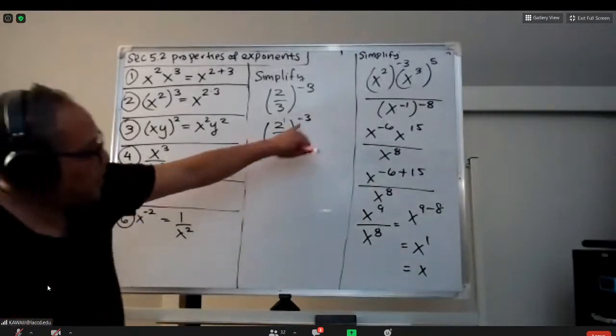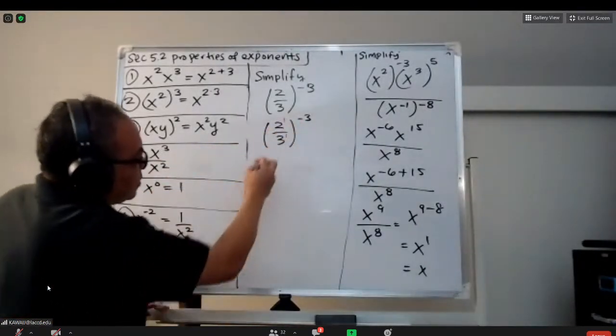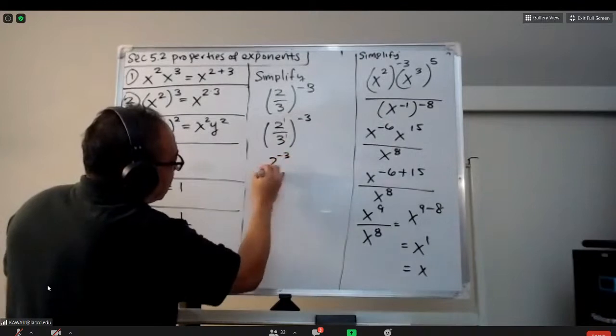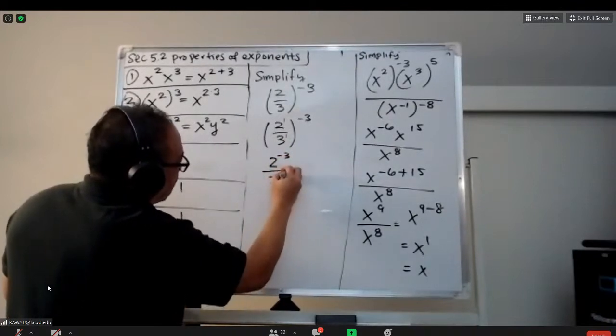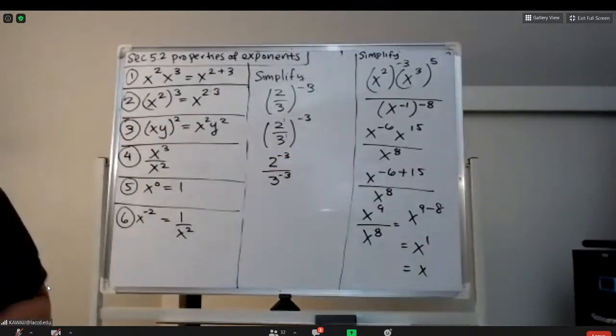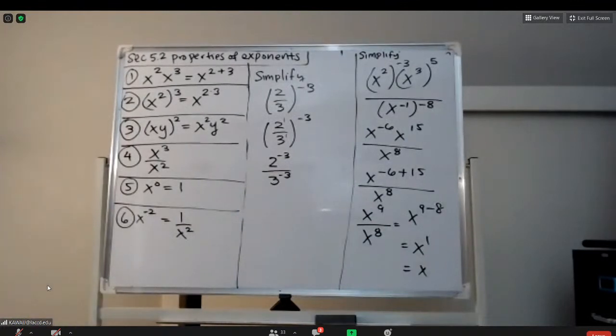So you're going to multiply this negative 3 by each of these exponents. Okay, so see if you can do that now. So you'll change levels and make the exponents positive. You'll change levels for both the numerator and the denominator, and then you'll figure out what 2 to the 3 is, and figure out what 3 to the 3 is.